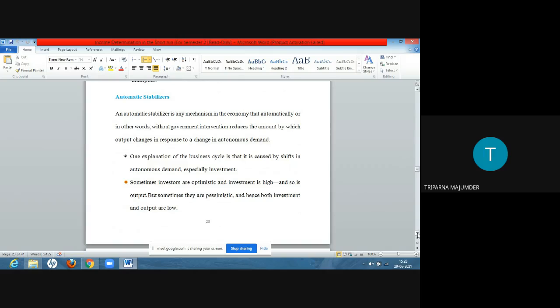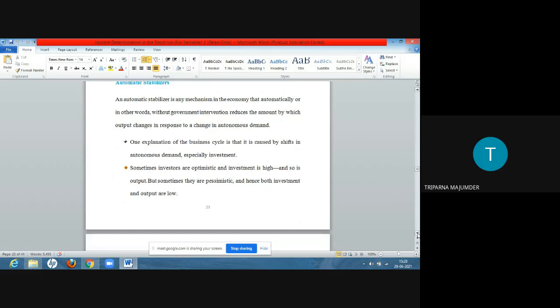An automatic stabilizer is any mechanism in the economy that automatically, or without government intervention, reduces the amount by which output changes in response to a change in autonomous demand. One explanation of the business cycle is that it is caused by shifts in the autonomous demand, especially investment. How does it happen?